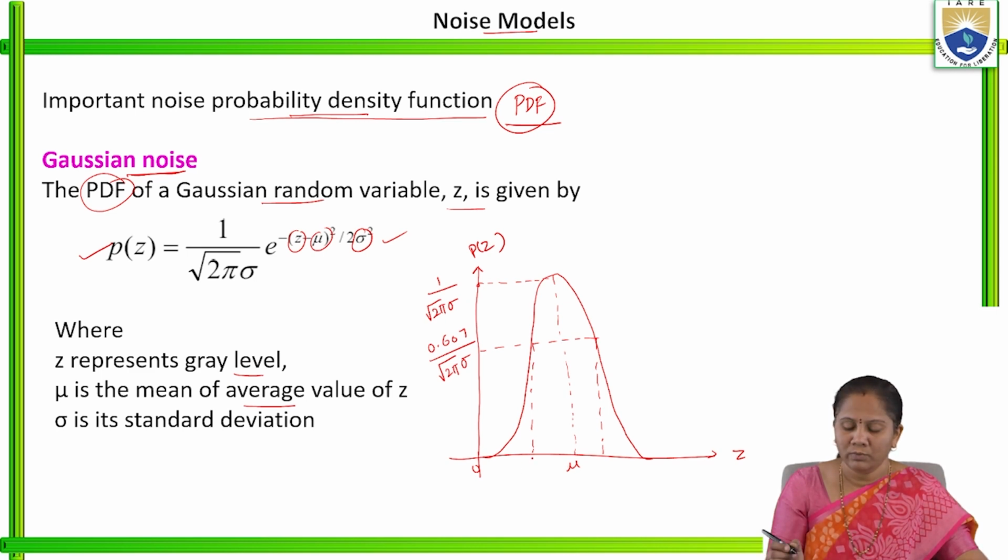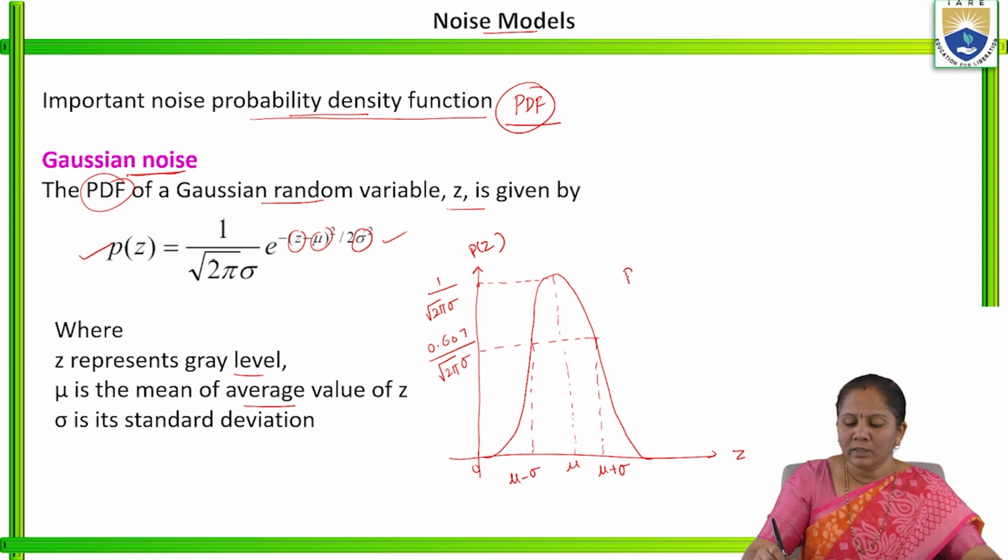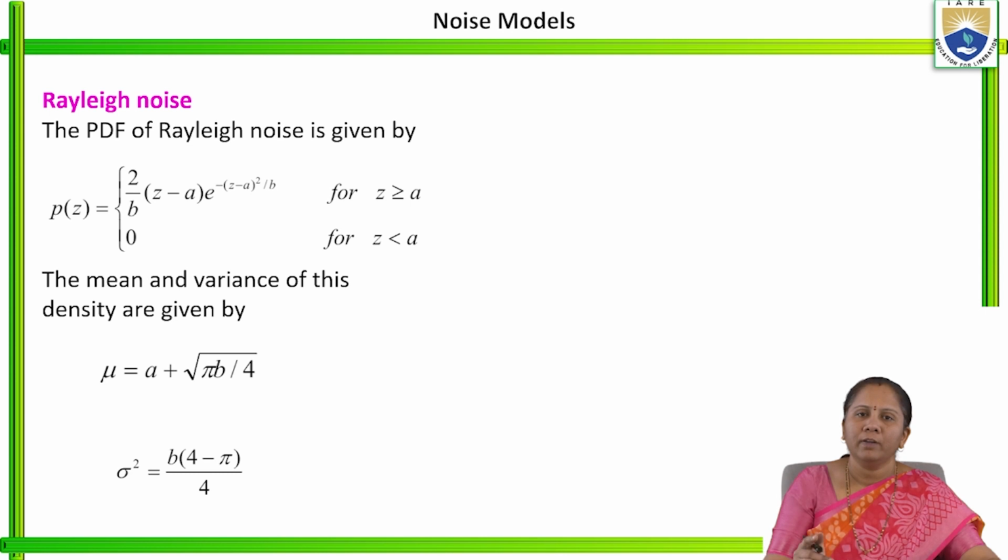Coming to the left side, it is mu minus sigma, and here you will have mu plus sigma. So this is the probability density function for Gaussian noise.